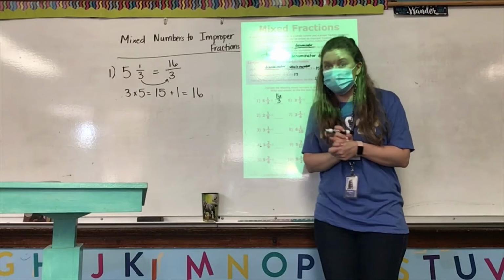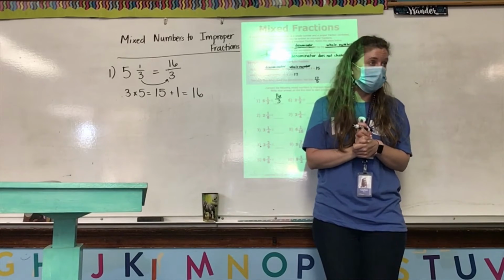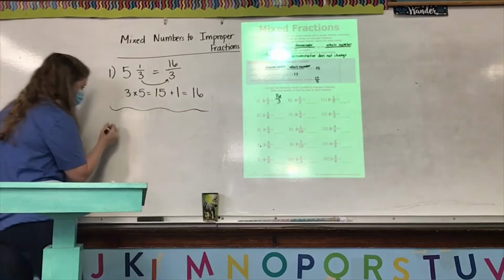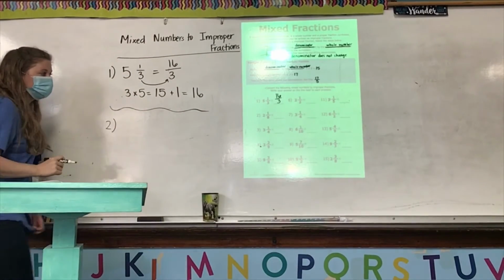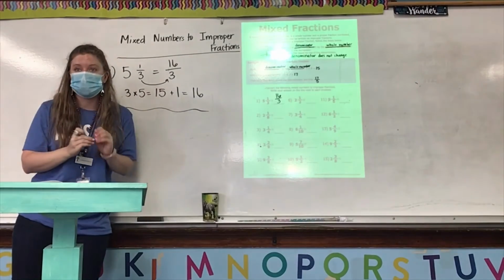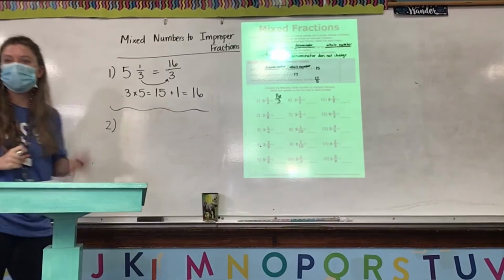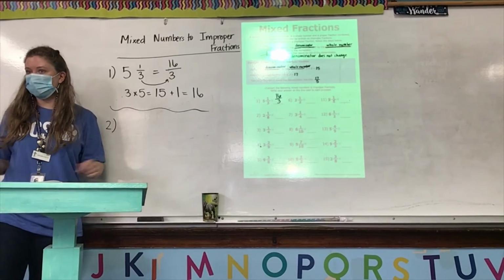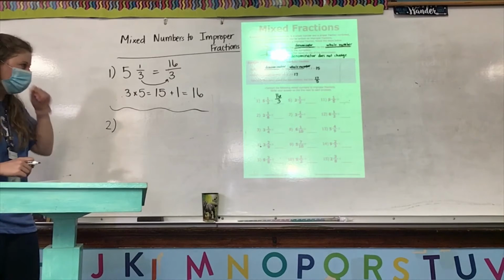So is there any excuse for not showing that work? No. Okay. Let's do number 2. And then somebody's going to help me with number 3 and 4, and then I have decided we are going to go ahead and go to the back and do that side. And then the rest of the time and some time after lunch, you'll do the rest on your own.